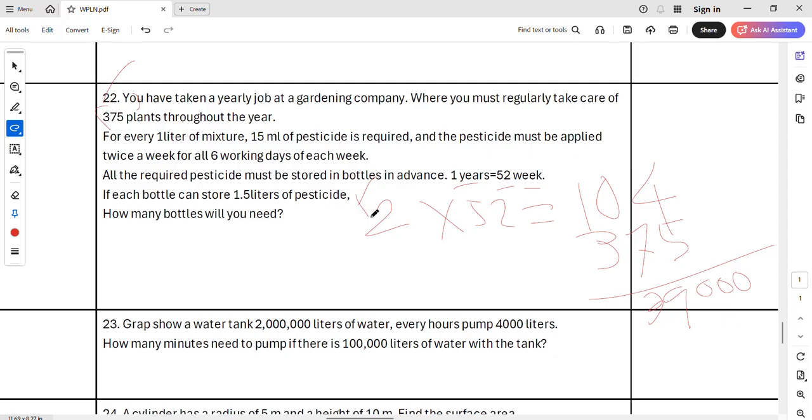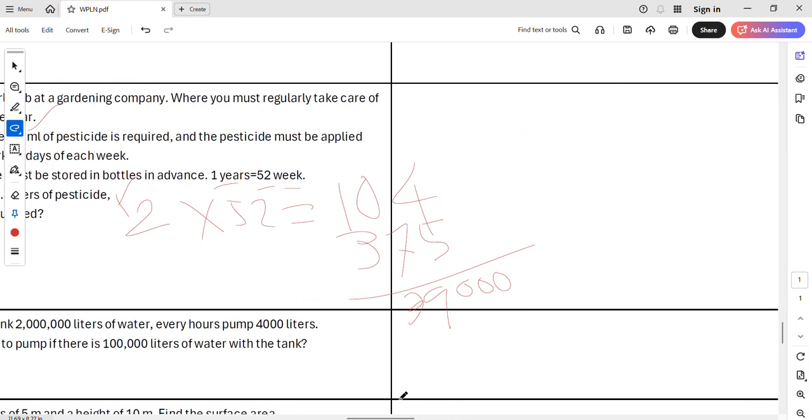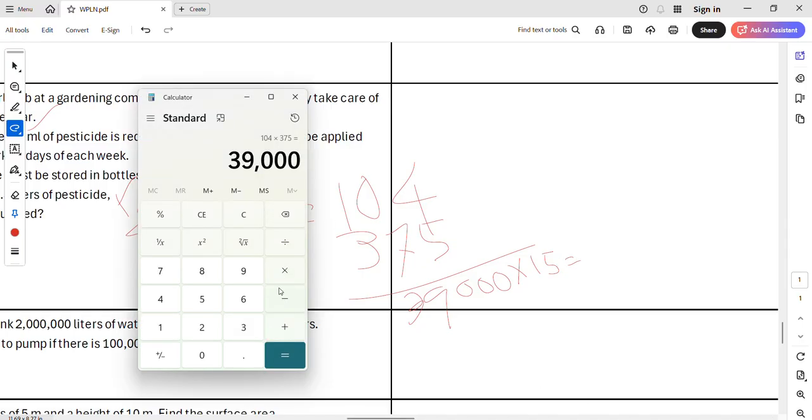Then how many ml is the 1.5 liter of pesticide? So multiply with the 15. We do the multiplication with the 15, and we get 585.